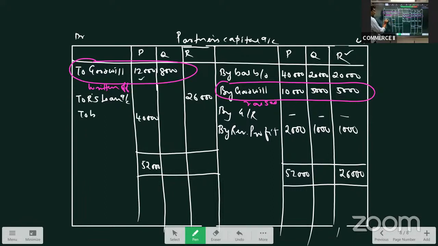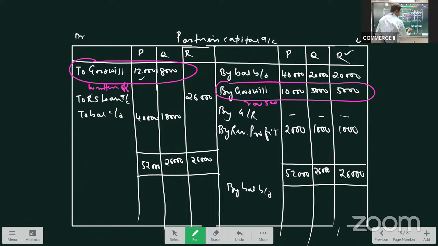This is the closing capital. For Q, 26,000 minus 8,000, 18,000. By balance brought down, P's capital would be 40,000 and Q's capital would be 18,000. Clear? So that's good.